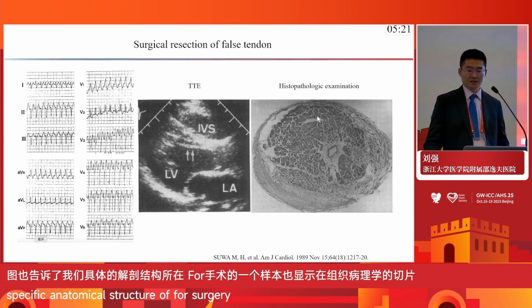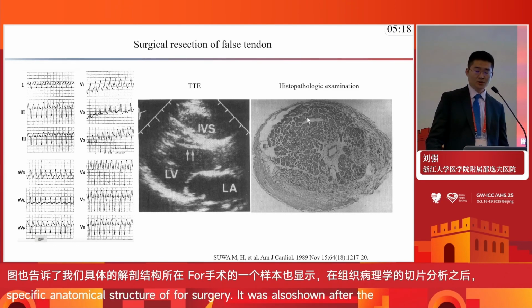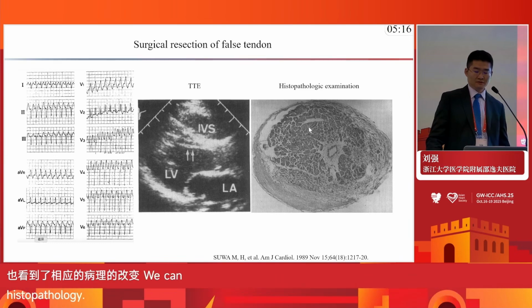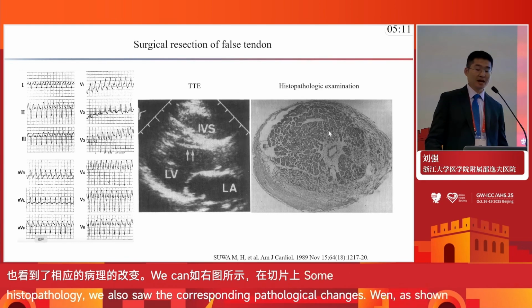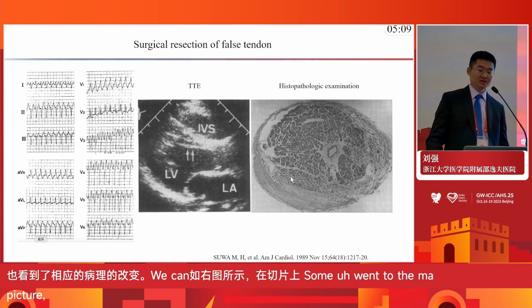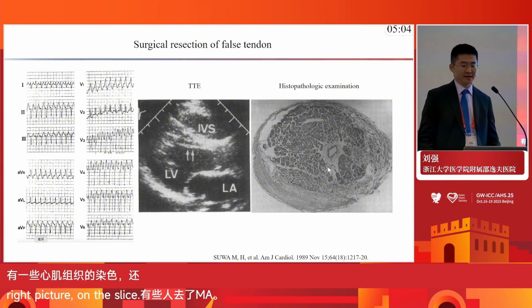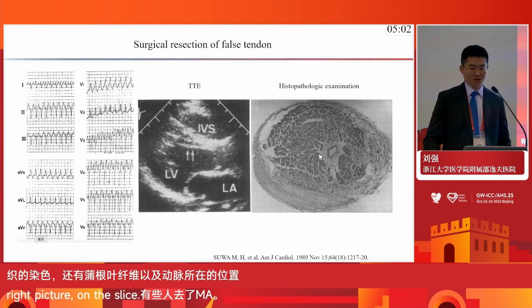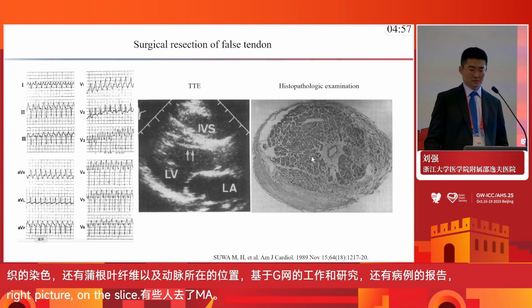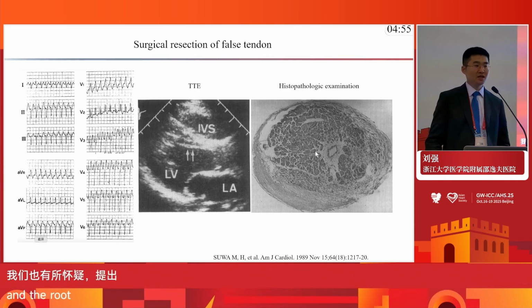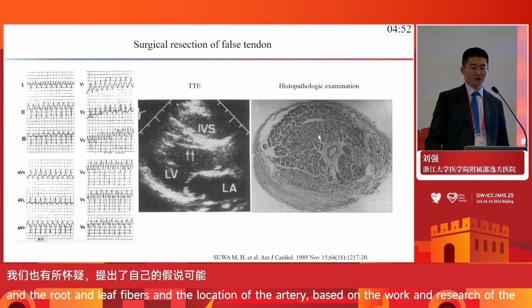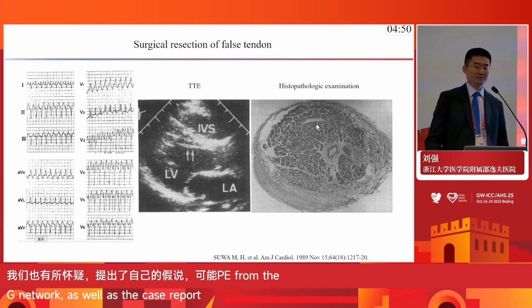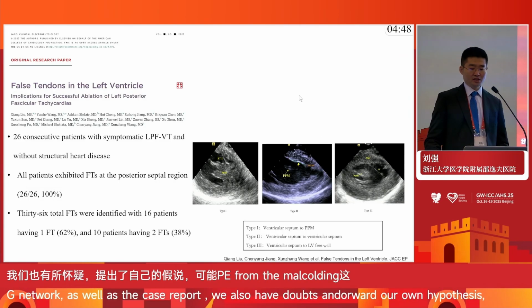In the histopathologic examination, we can see the false tendon involves some ventricular myocardium, Purkinje fiber and artery. So based on previous work and these case reports, we suspected maybe P1 originated from the myocardium on the false tendon.